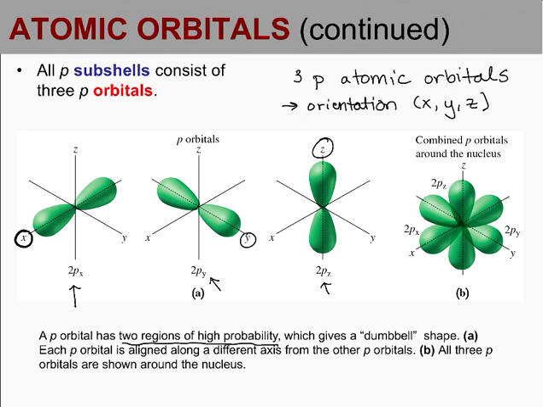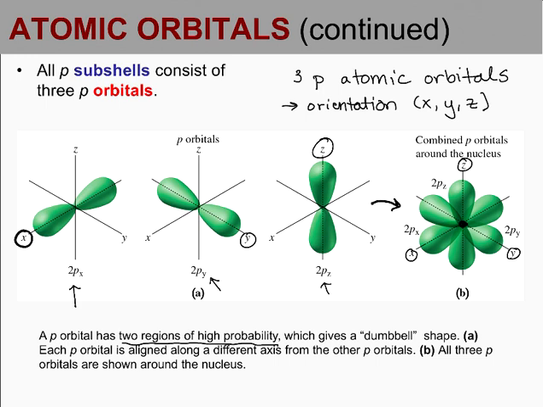Now in actuality, all three of these atomic orbitals are sitting on top of each other. So you'll notice that we would actually have what kind of looks like a six-leaf clover there, which isn't possible, but. So we have our x orbital, our y orbital, and our z orbital. And then the nucleus is somewhere in the middle there.